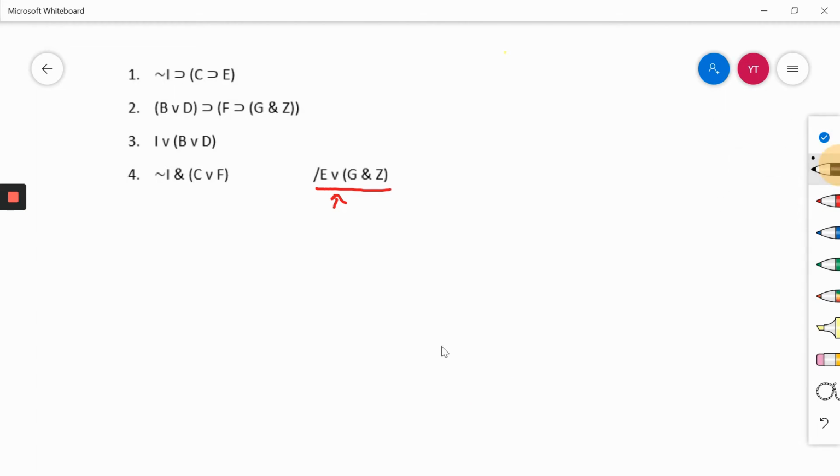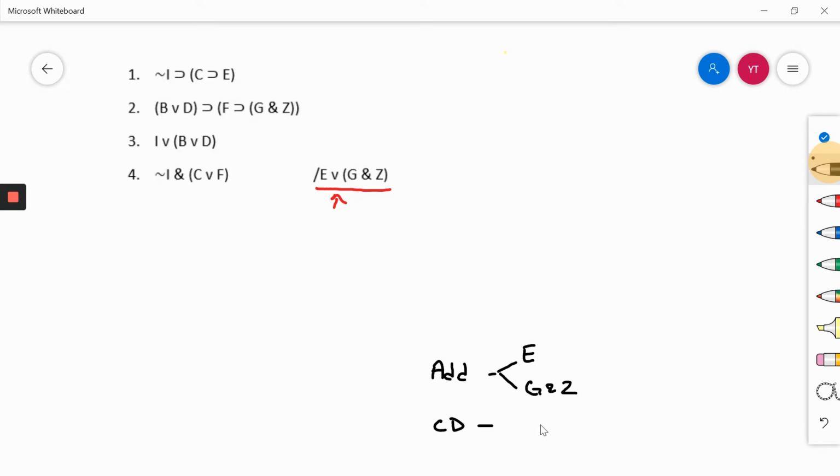The two main ways are going to be add or constructive dilemma. If we use add, then if we can derive either E or G and Z, then we'll be done with our proof.